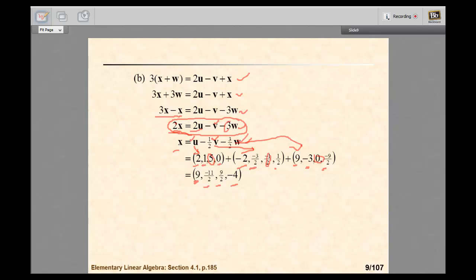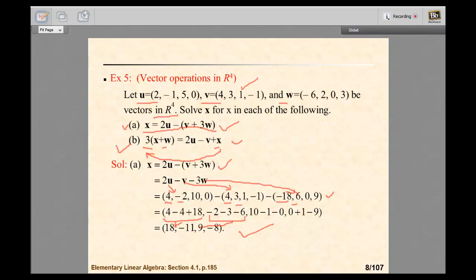So I put the value of u here, and the value of v I write divided by 2. If you see the value of v, that is not 2 minus 3 by 2. It's not the value of v. Just see the back slide. The value of v is 4, 3, 1, minus 1.